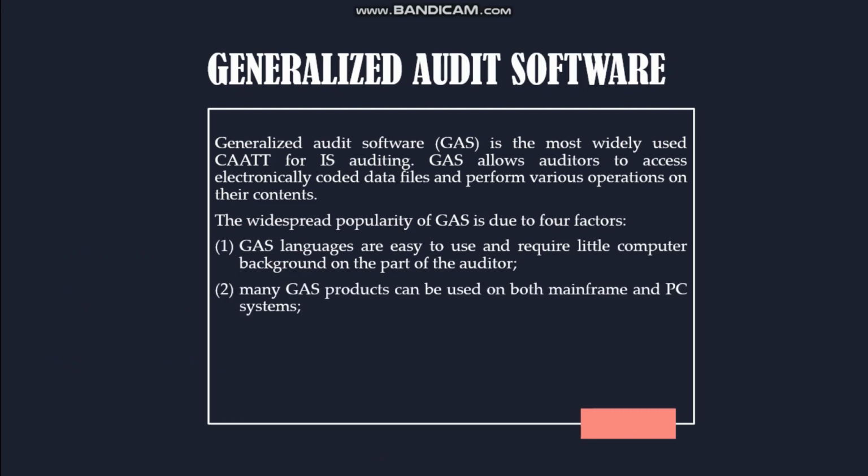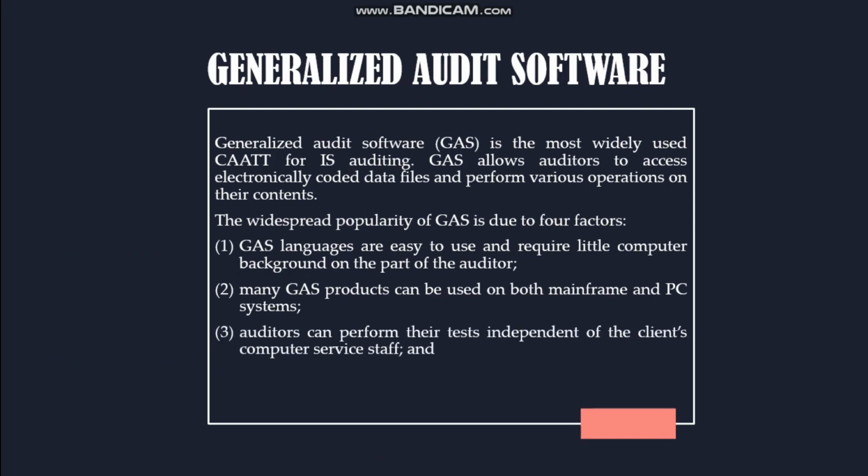Second, many GAS products can be used on both mainframe and PC systems. Third, auditors can perform their tests independent of the client's computer service and staff. And lastly, GAS can be used to audit the data stored in most file structures and formats. The recent version of GAS today is ACL, or Audit Command Language, which will be demonstrated in a later chapter.